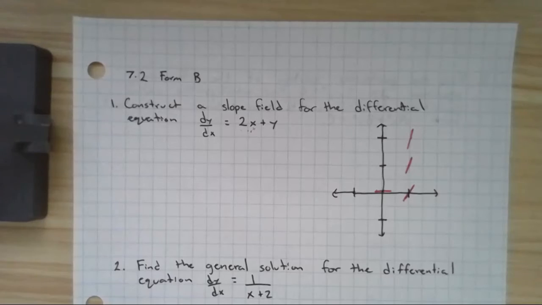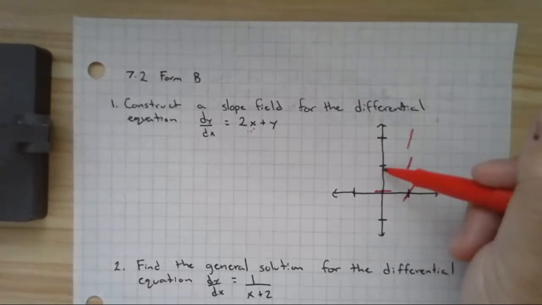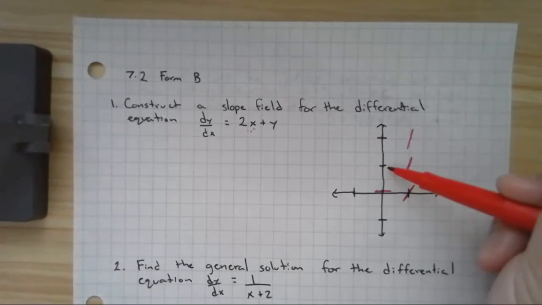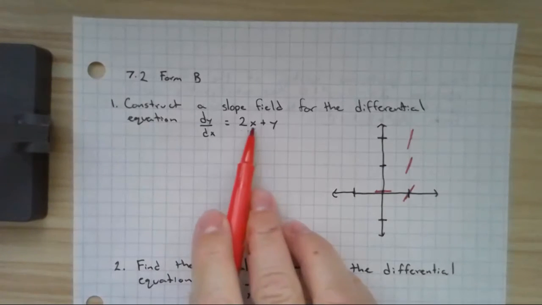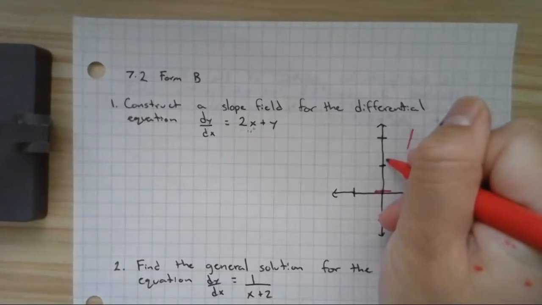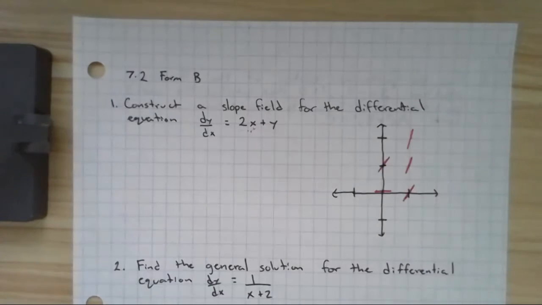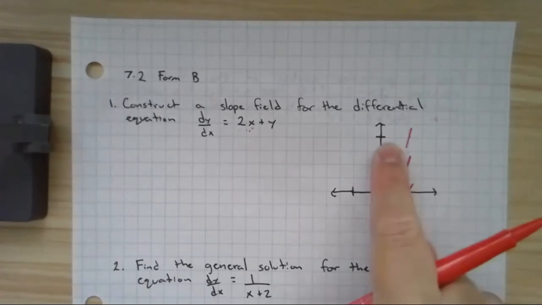And then keep going, fill in. I think at this point you guys should understand what's happening. X value of 0, y value of 1. So that's 0, 1. You get a slope of 1. And then right here, x value of 0, y value of 2.